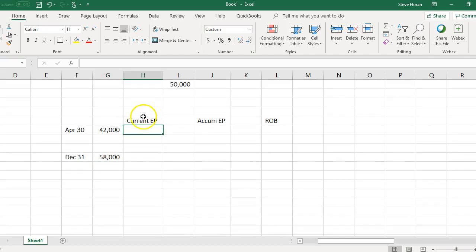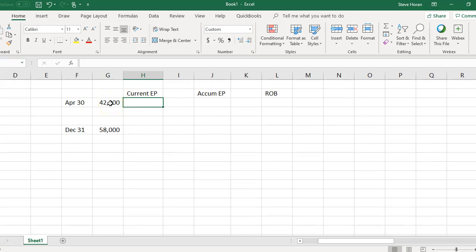So the $42,000 needs to be allocated to current E&P and accumulated E&P. And here's how I do this. The formula I'm going to build here is pretty straightforward. Just simply take the $42,000 and divide that by the sum of the two distributions, the $42,000 plus the $58,000.